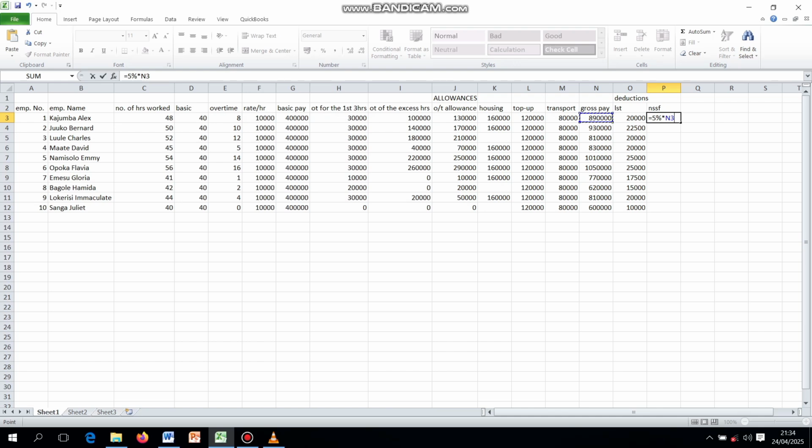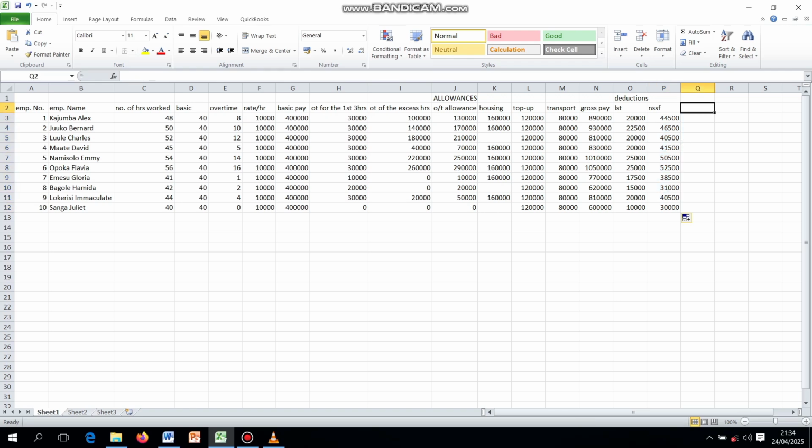I'm sorry, initially I had clicked here, that's why it gave me the other things you saw. But the right thing is here, because these are the numbers, this one is not a number. So I'll press my enter. It will give me this, then I will autofill, and it will give me the rest. So I'll go to the next deduction.